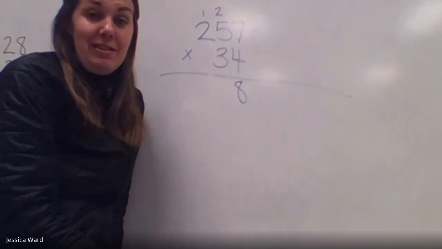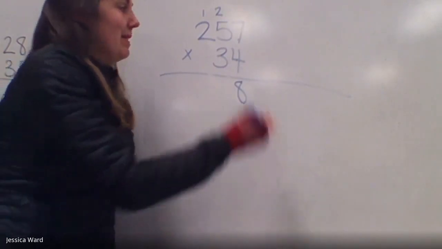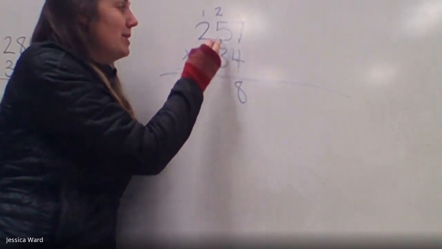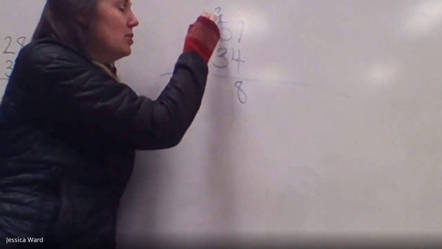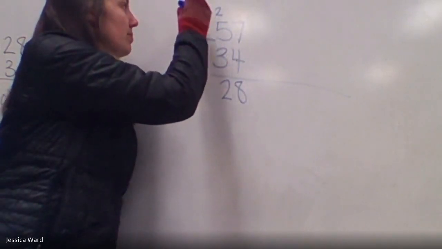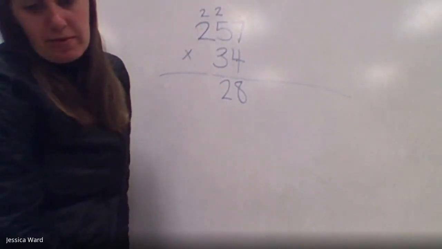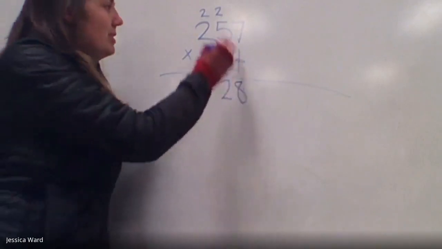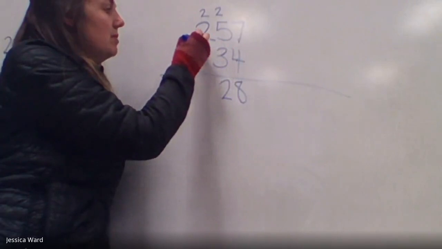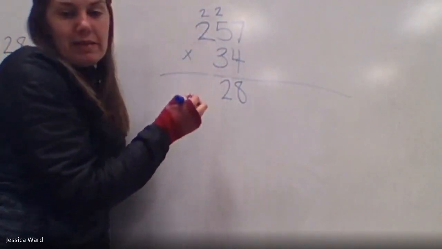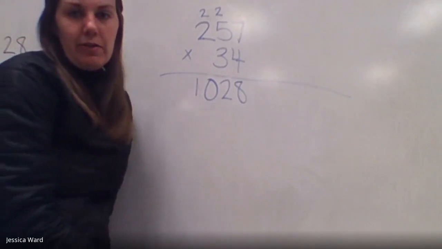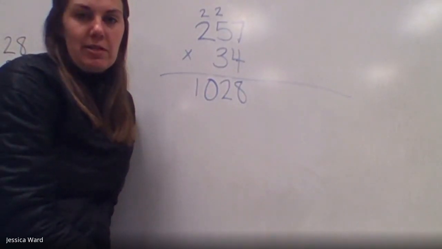Okay, let's try this again, shall we? 4 times 7 is still 28, but now I have 4 times 5, which would be 20, plus 2 more makes it 22. Great. 4 times 2 is, nope, yep, 4 times 2 is going to be 8, plus 2 more makes it 10. Hallelujah, the teacher's edition says that I'm right.